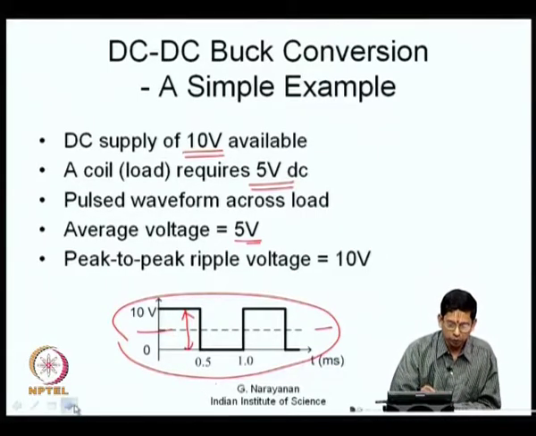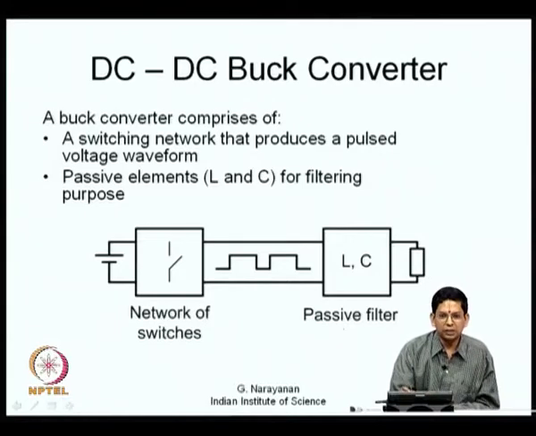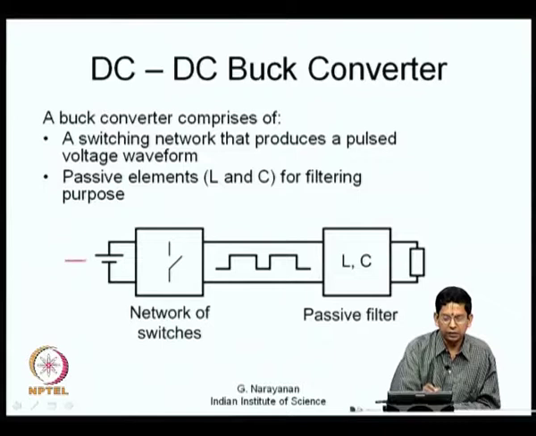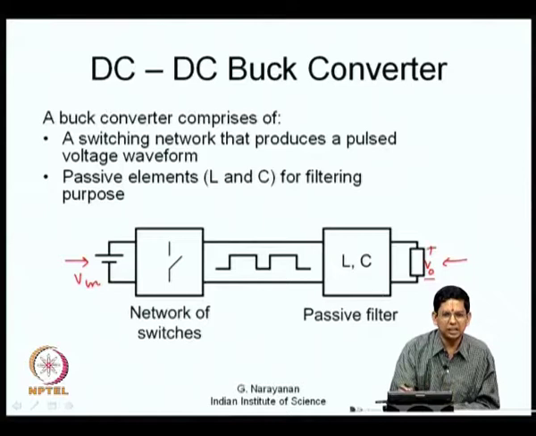What we desire from a DC to DC buck converter is something like this. What we have is a DC power supply, and we finally have a load here, and this load needs an output voltage which is less than the input voltage, that is what we want.